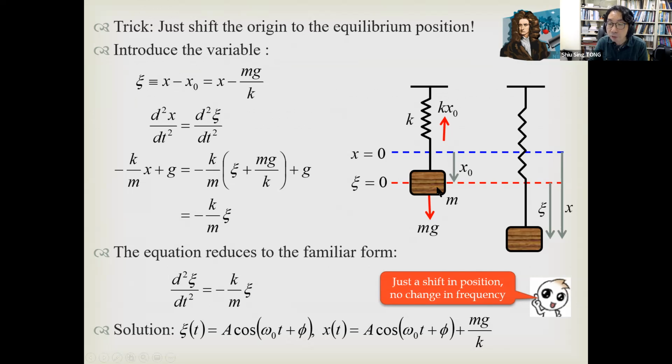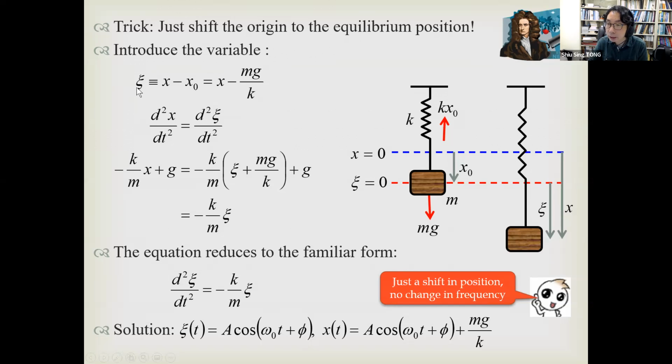But now, since I have the gravity force balancing the force of the spring at this level, I should measure every displacement with reference to this level. I define a new variable called xi. xi is measured from this level, the red level, and x is measured from the blue level. So the difference between x and xi is a constant, which I call x0.